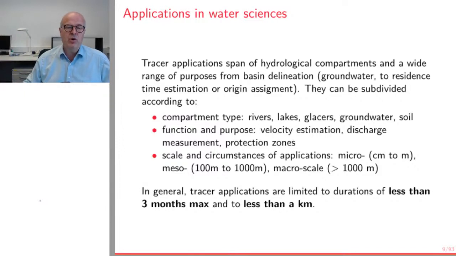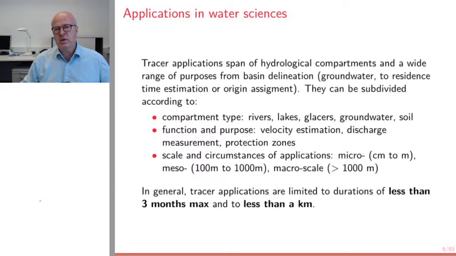In order to prove that there is no hydraulic connection or shortcut between the injection and the abstraction borehole, the customer had the idea to inject an artificial tracer. So we injected an artificial tracer in the injection borehole, and we monitored for this tracer in the abstraction borehole. In case we would see any of the tracer in the abstraction borehole, we would know that there is a hydraulic shortcut.